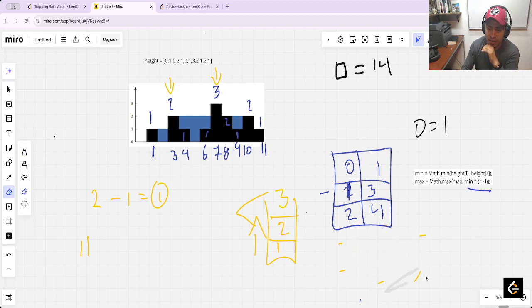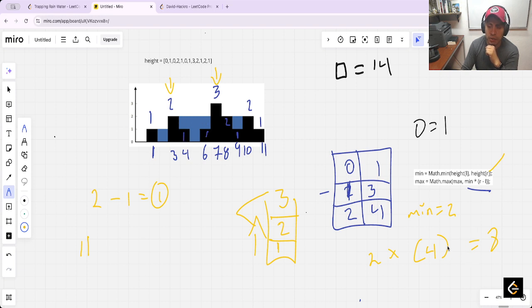Let me do again. First get the minimum. The minimum here is 2, okay, got it. Now the max is between mean, that is 2, multiply for air, that is 7, less 3, is 4, but in this case this is 8.